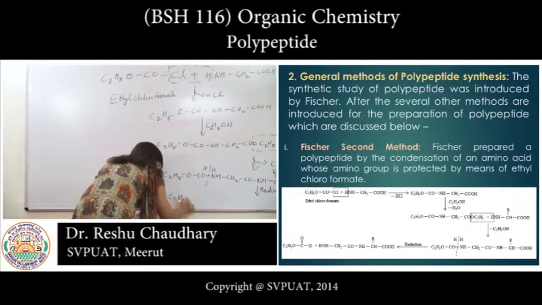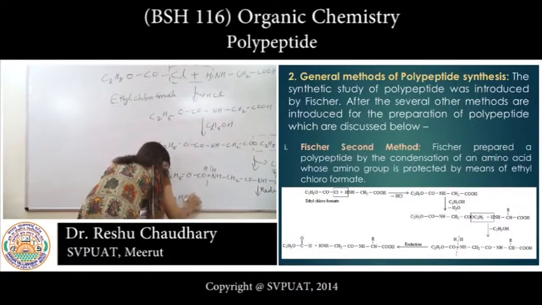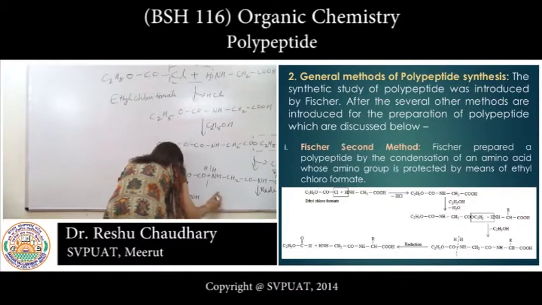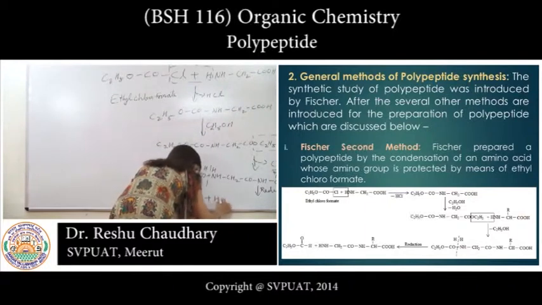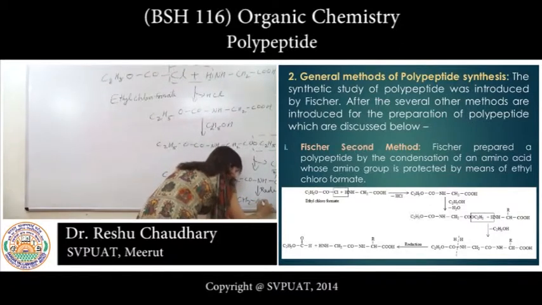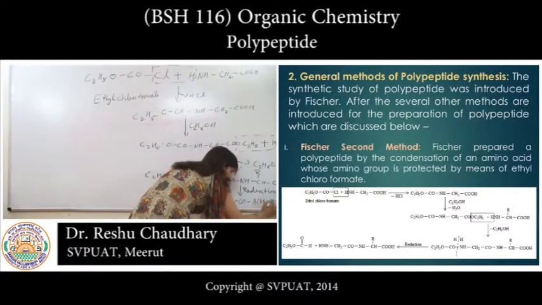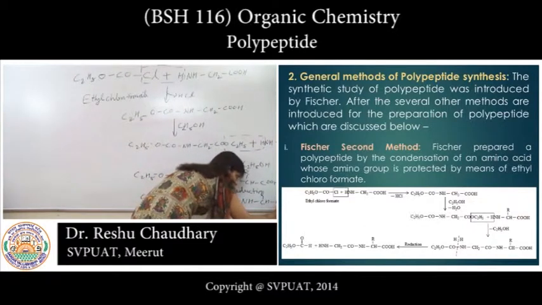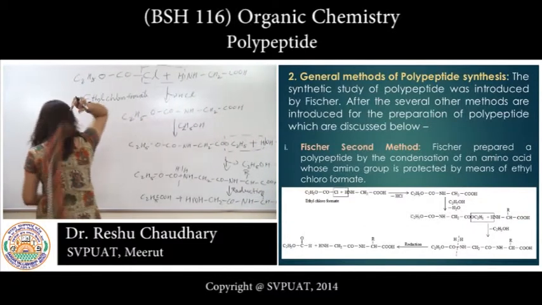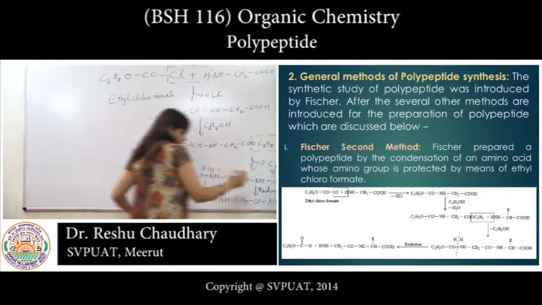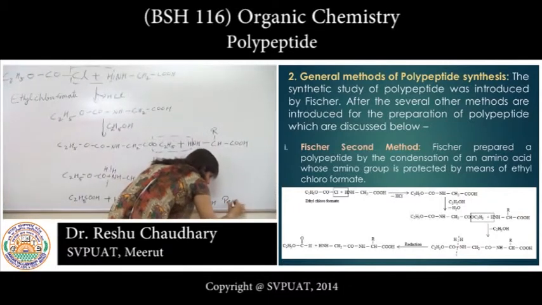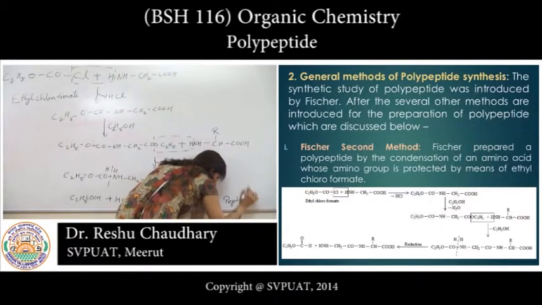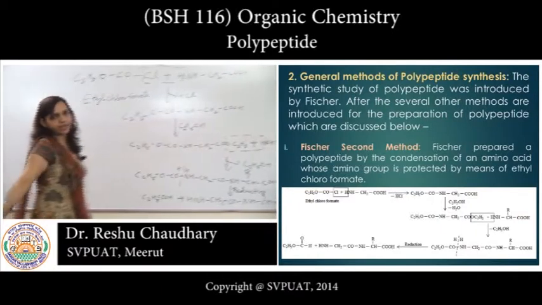Then the C2H5OH comes out, plus H and H, CS2, CO, NH, CHR and COOH. The peptide. This is the peptide formation. This is Fischer's second method.